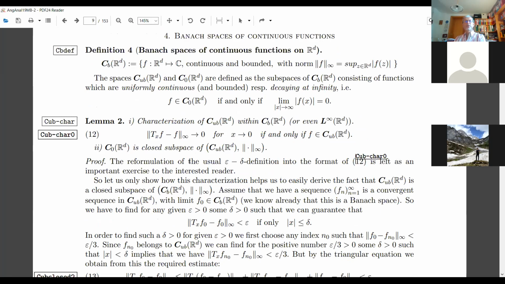But if you try to read the proof, feel free to comment to me, because maybe what is plausible to a mathematics student is not plausible for you, or maybe some definition is missing, but I will work with this characterization. So you can say, I take it as a definition. I don't care about the classical definition. For me, CUB means that I have the property 12, and that's fine with me.